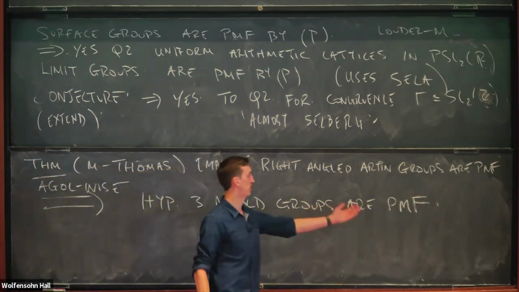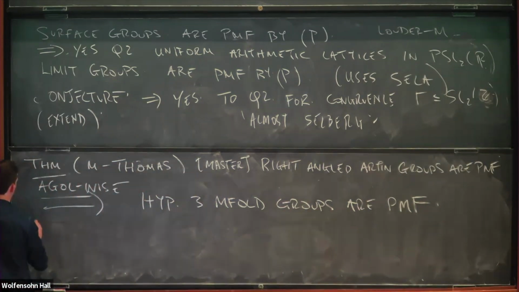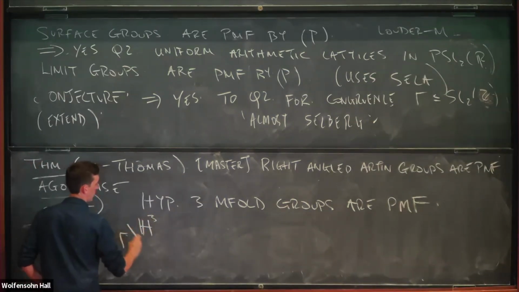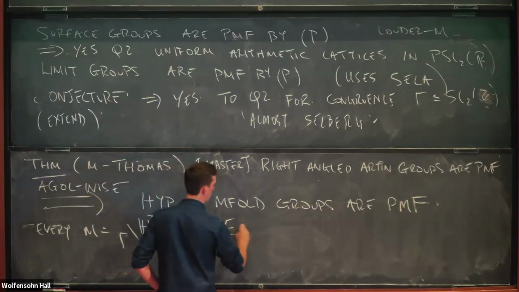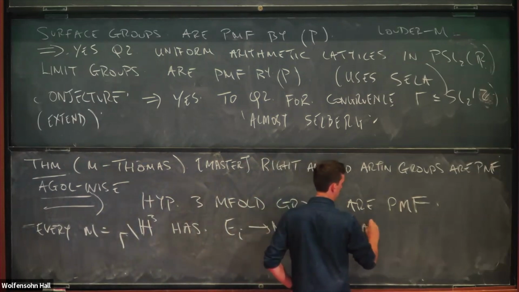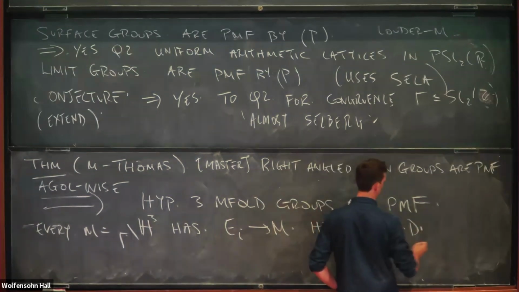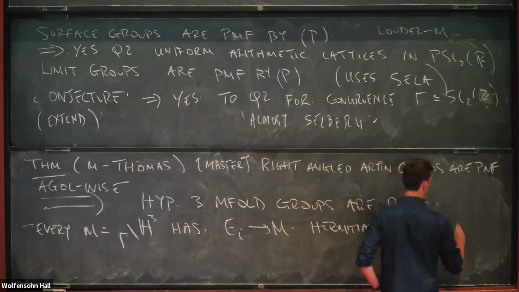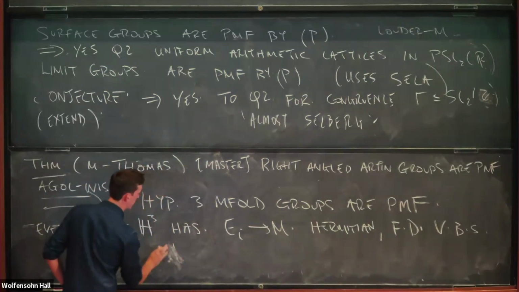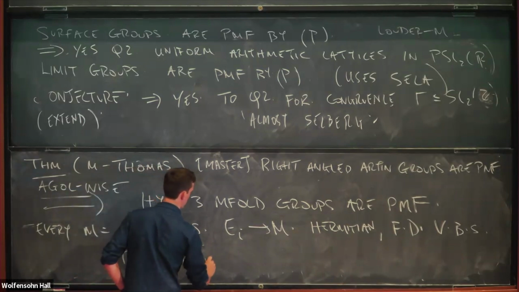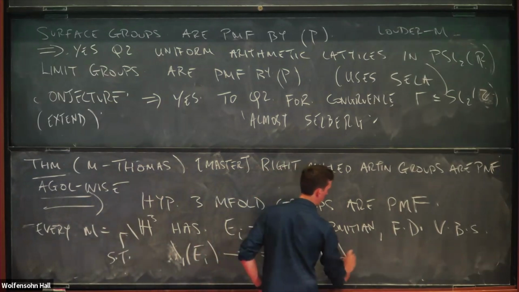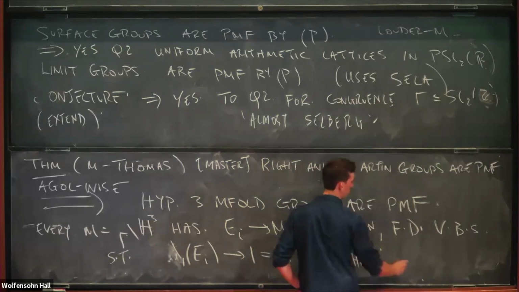I only have unitary representations here. It tells me that every hyperbolic three manifold M has a family E_i over M of finite dimensional vector bundles, such that the first eigenvalue of that vector bundle tends to 1, which is the infimum of the spectrum of the Laplacian on H3.